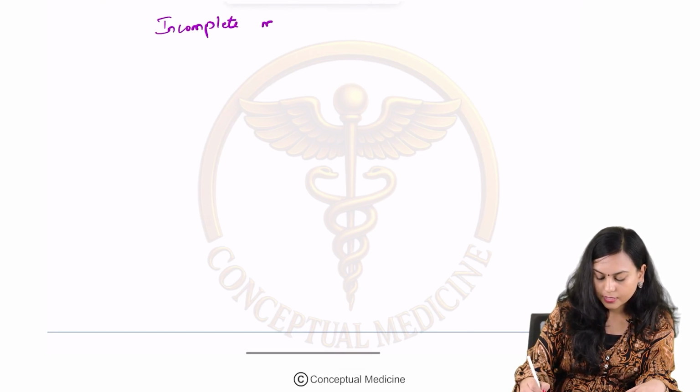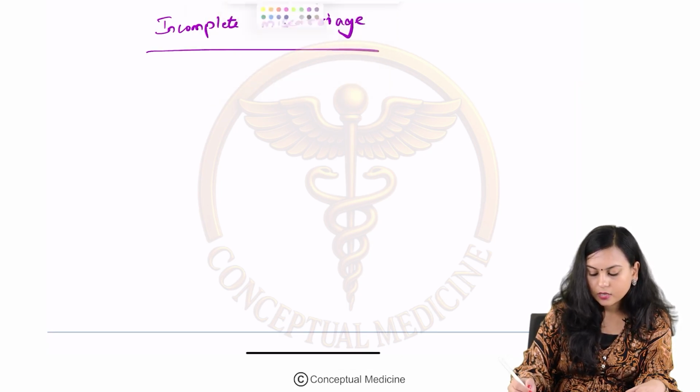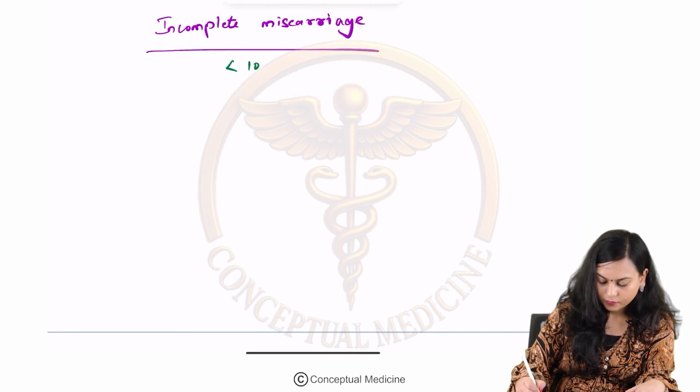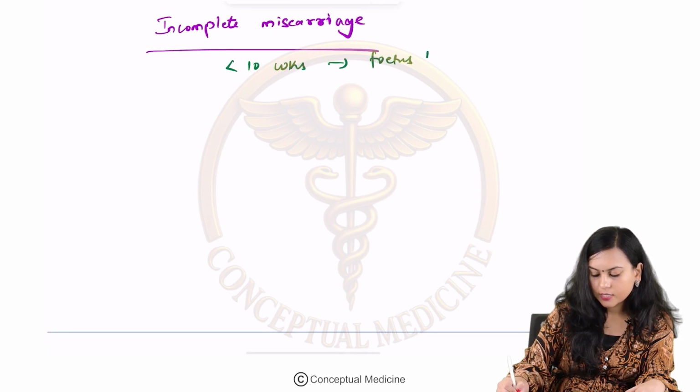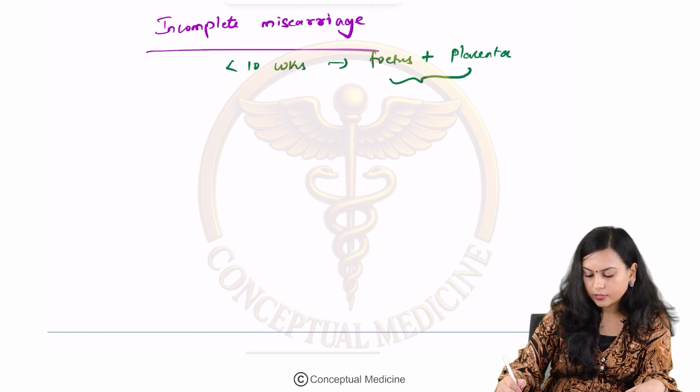So, incomplete miscarriage. Basically, when there is a pregnancy loss that is happening before 10 weeks, usually the fetus and the placenta will be expelled together.